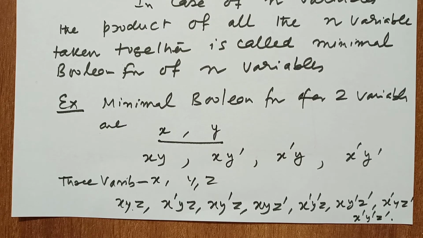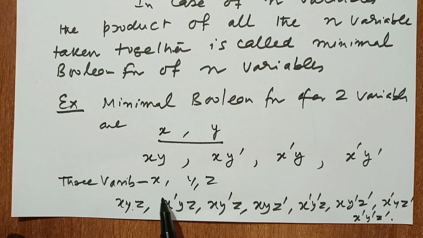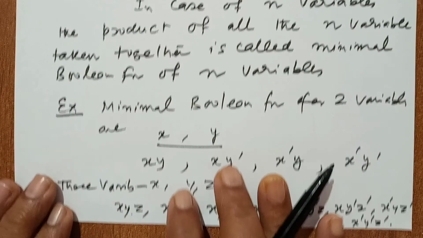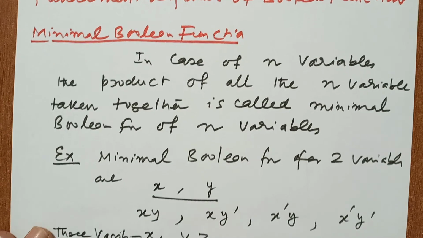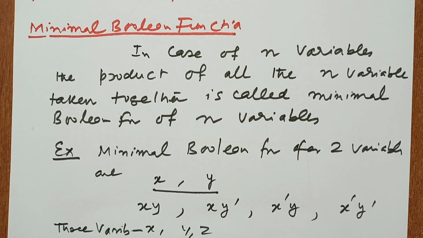So the total number of minimal Boolean functions for three variables is 2 to the power 3, means 8. In general, for n variables, the total number is 2 to the power n.